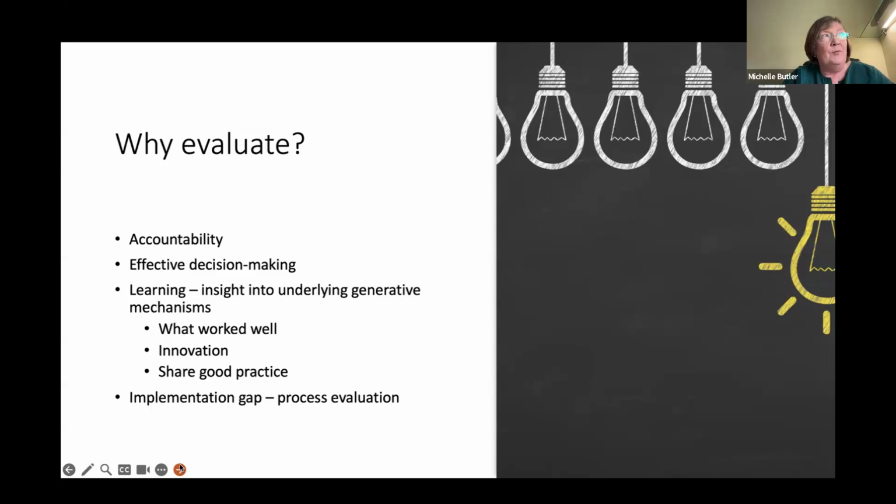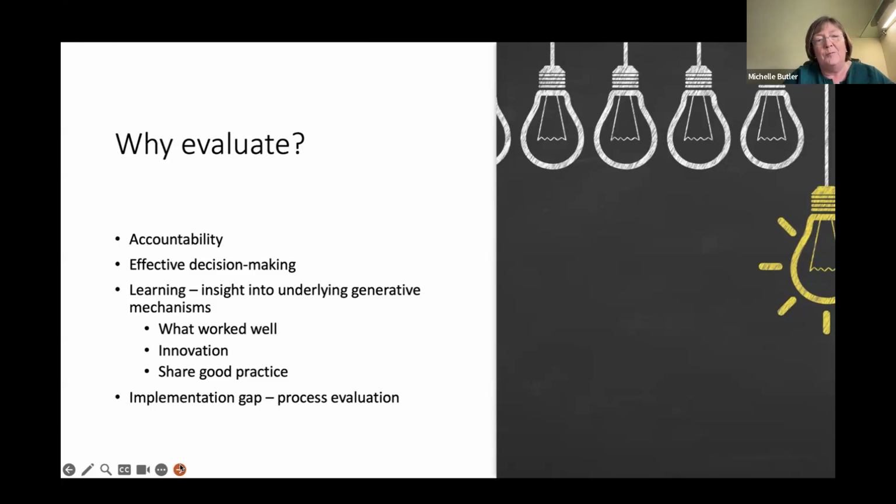More recently, there's a particular focus on implementation. And sometimes you can implement a service and then you're getting the outcomes, but do you know how what you do on that service are contributing to those outcomes? So understanding those generative mechanisms are really important in terms of developing the service over time.